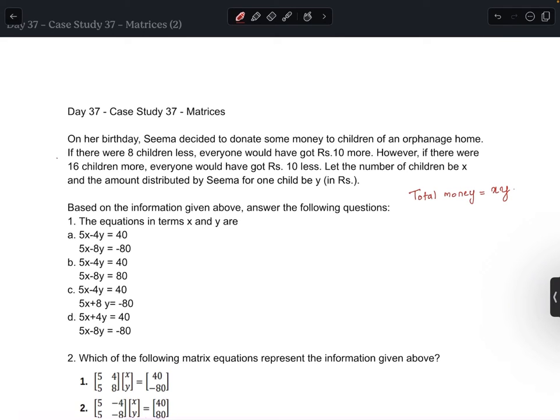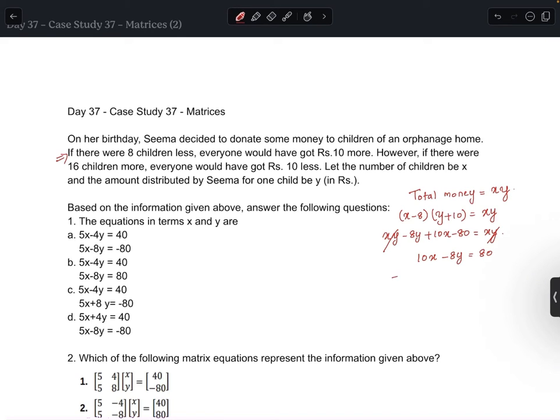The first case is if there were 8 children less, that is X minus 8, everyone would have got 10 rupees more, that is Y plus 10. This is equal to XY. On expanding this, we get XY minus 8Y plus 10X minus 80 is equal to XY. 10X minus 8Y is equal to 80.